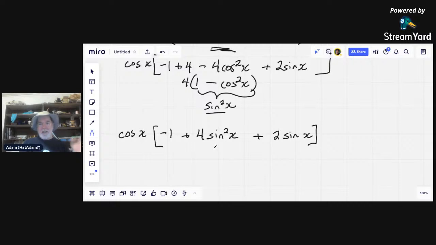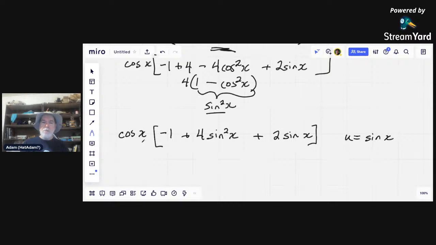So this next part should be fairly smooth sailing because we're rolling into quadraticville. Personally, I like to make it a little bit easier on myself by just focusing on the quadratic in the brackets and making this little substitution, u equals sine of x.